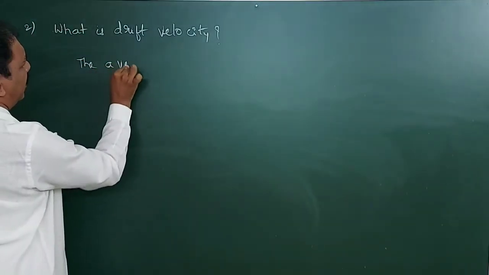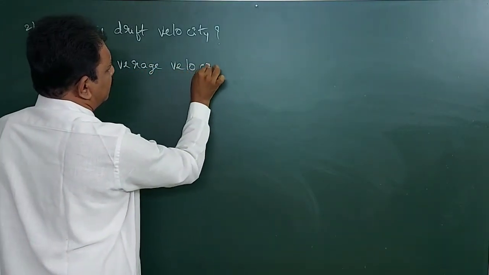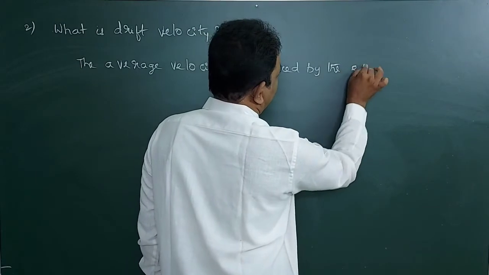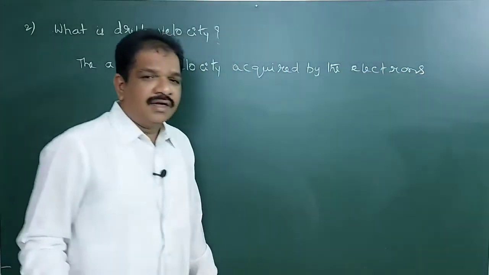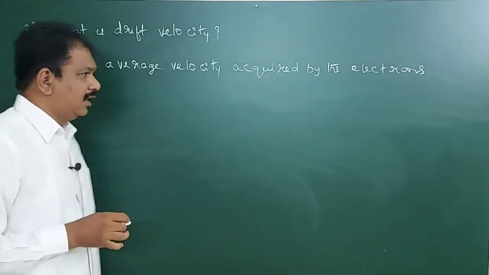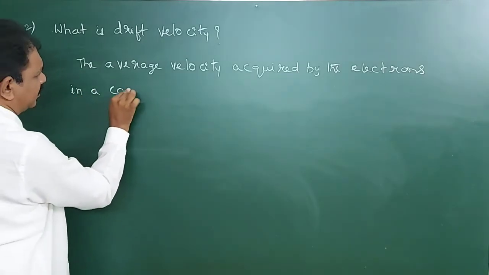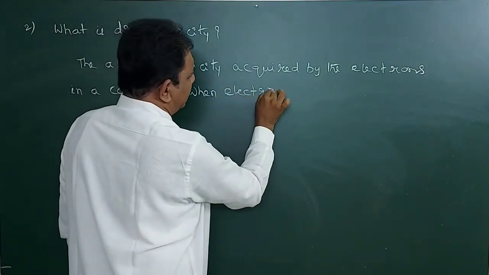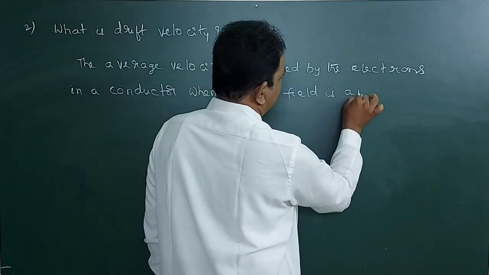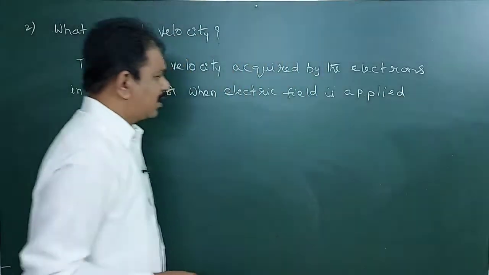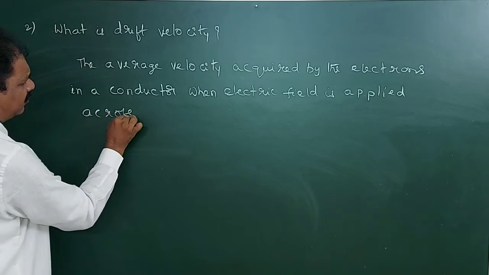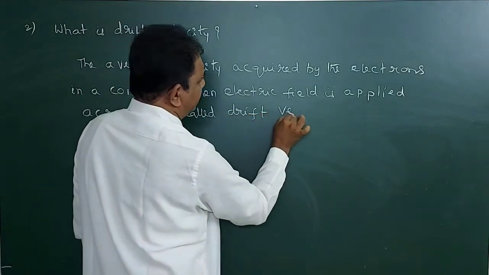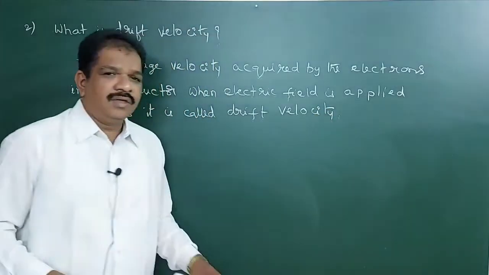The average velocity acquired by the electrons in a conductor when electric field is applied across it is called drift velocity. That will be called drift velocity.